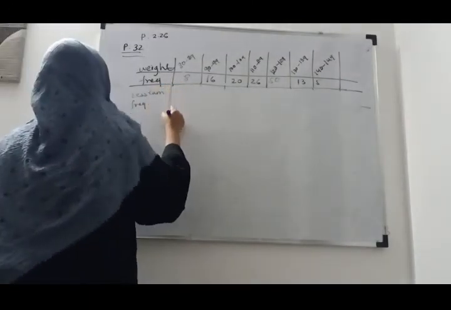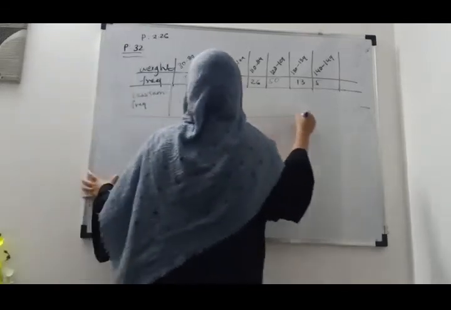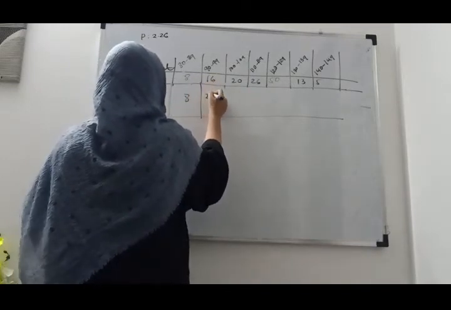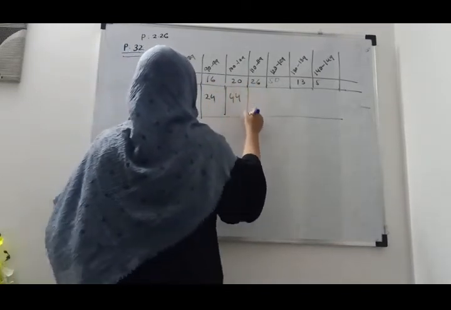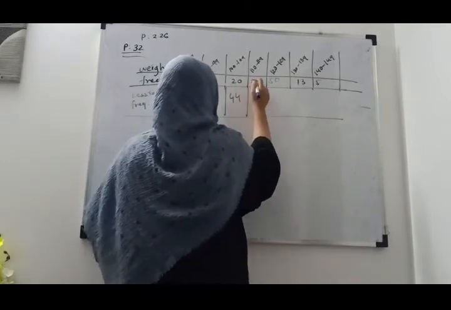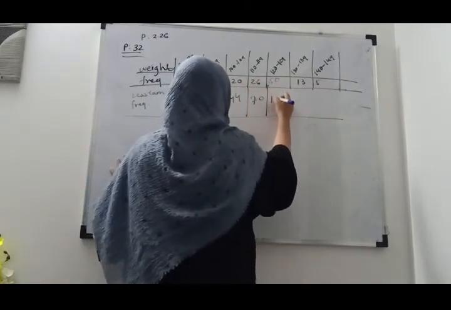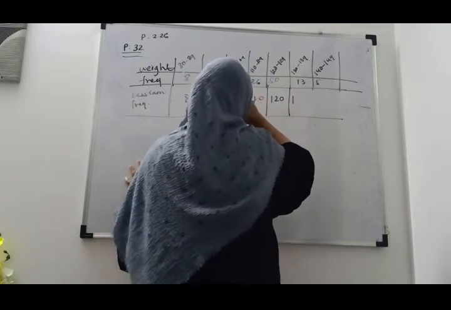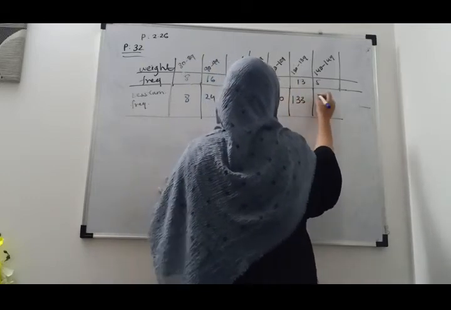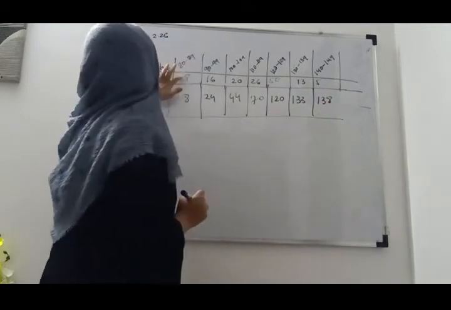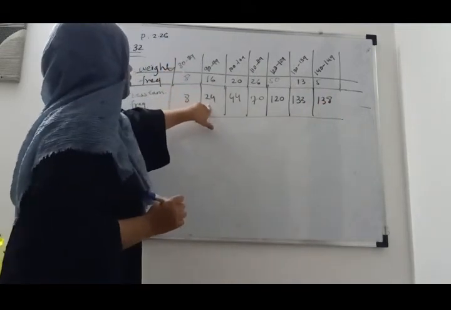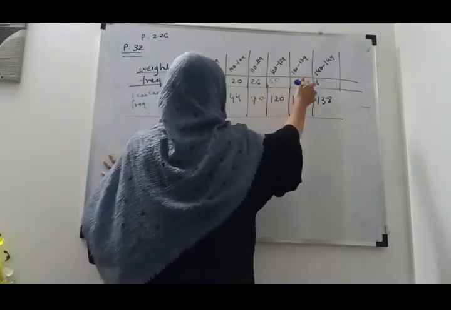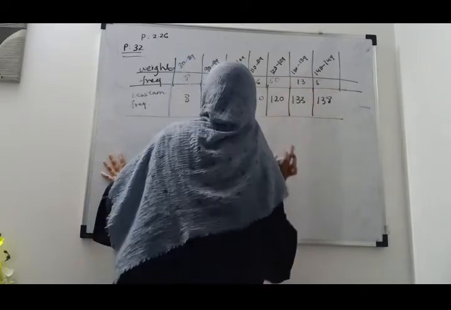We'll start from here. 8 plus 16 is 24, then 44, then 70, 120, 133, 138. So 8, 16, 24, 44, then 70, then 120, then 133 and 138.